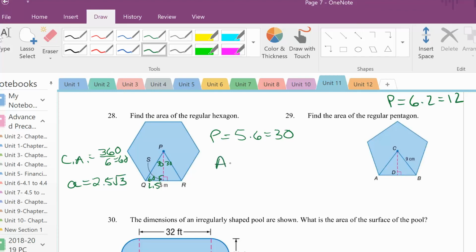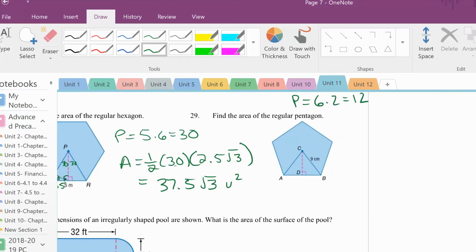So the area is equal to 1/2 of 30, because that's the perimeter, times the apothem, which is 2.5 times rad 3. And when you multiply that out on your calculator, you get 37.5 for 30 times 2.5 times 1/2, and then rad 3 units squared.